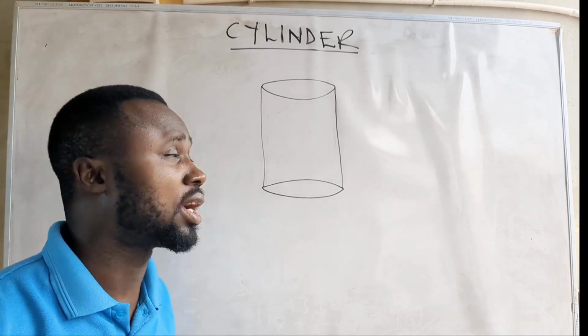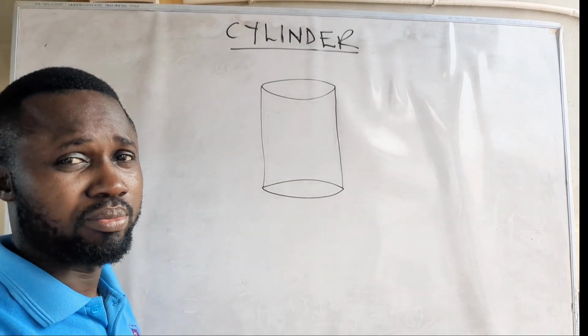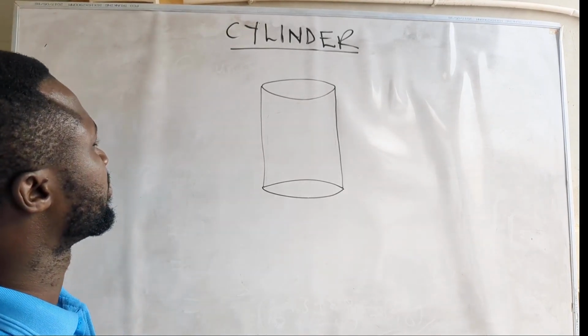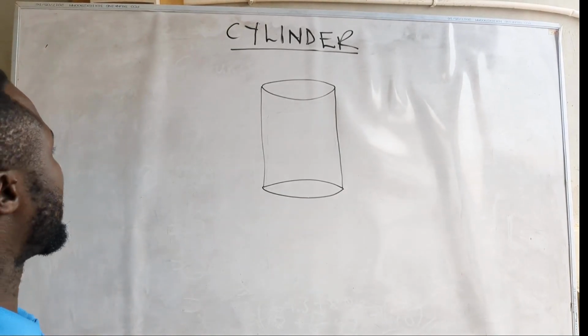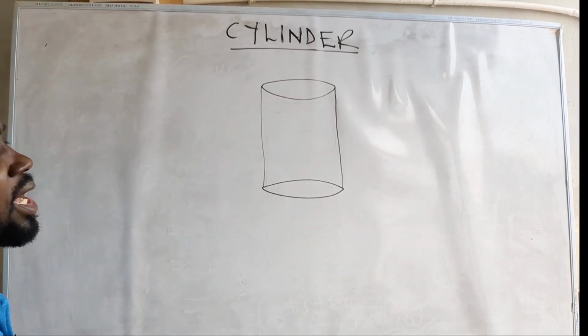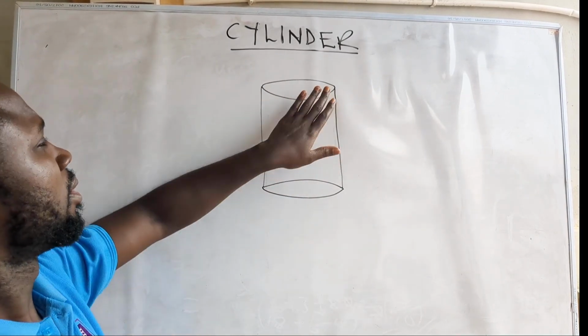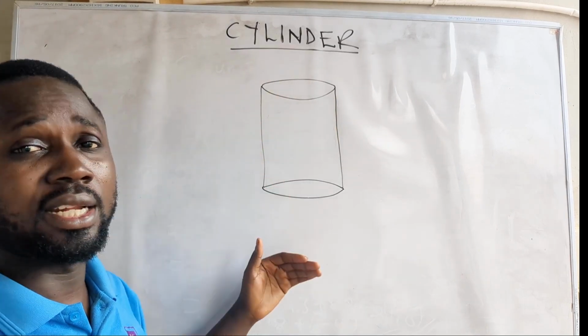So today we are going to look at the curved surface area of the cylinder. We will also look at the volume of the cylinder. We may have a cylinder where one side is closed and the other side is open.